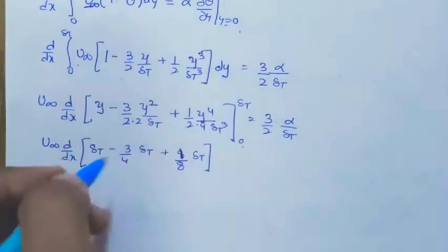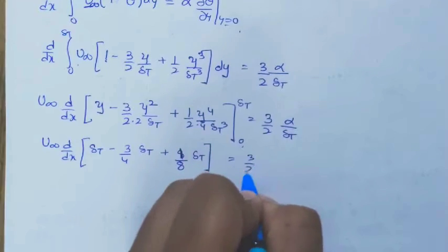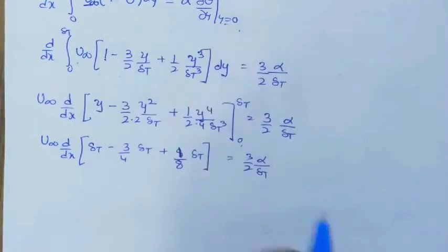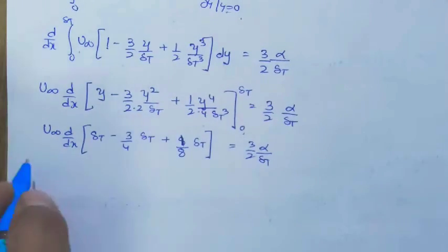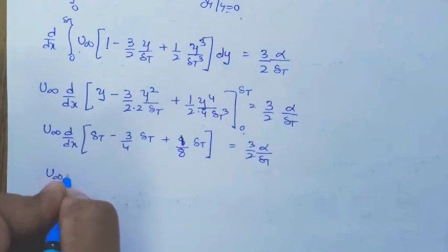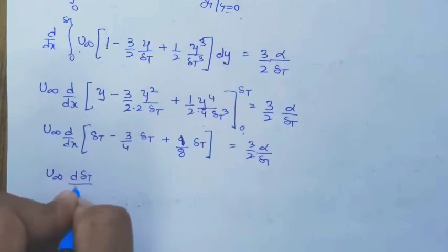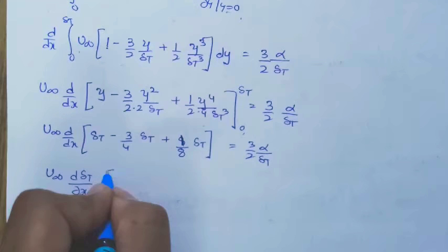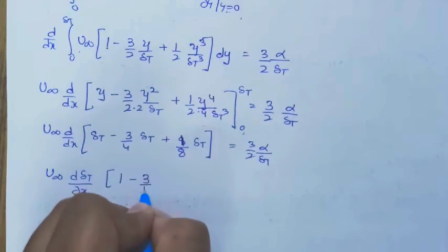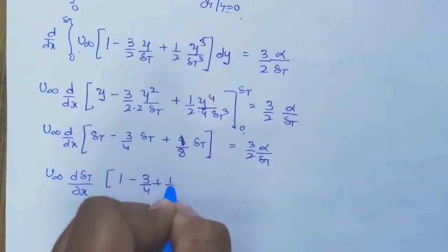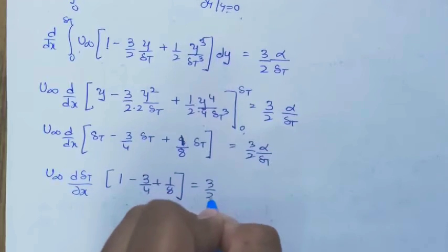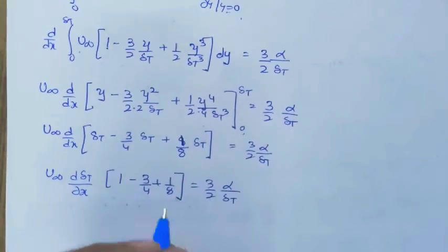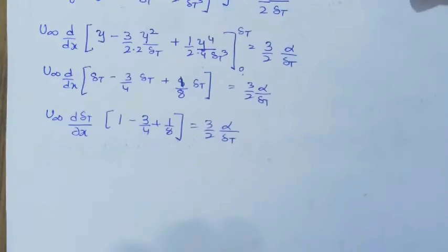And 0 with respect to x is 0, so it will be 3 by 2 of delta t, right? And if I take delta t out of it, it is 1 by 3 by 4 plus 1 by 8 is 3 by 2 alpha by dt, right?